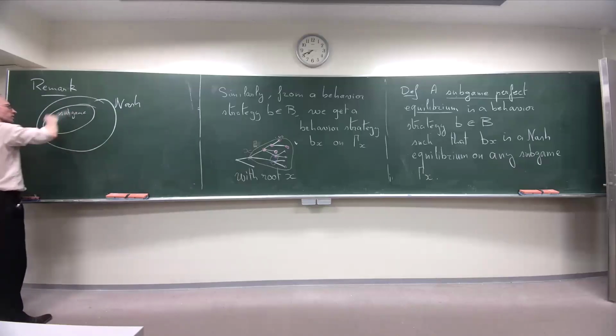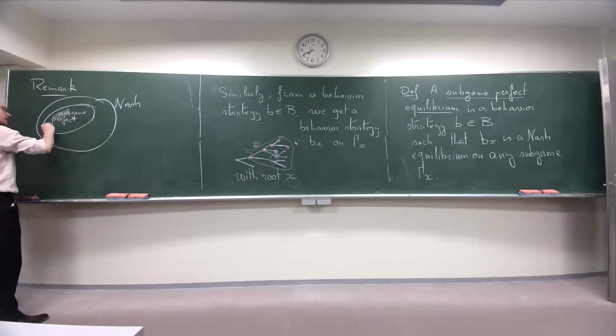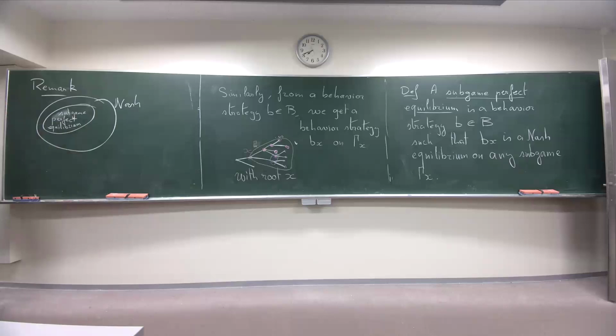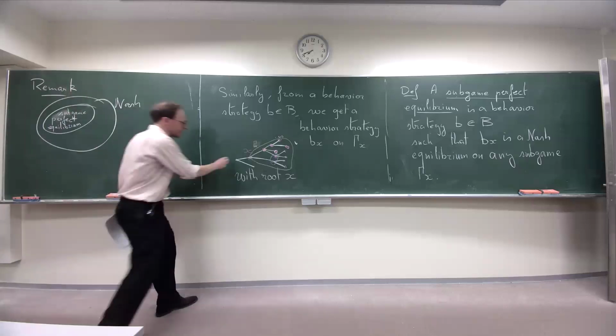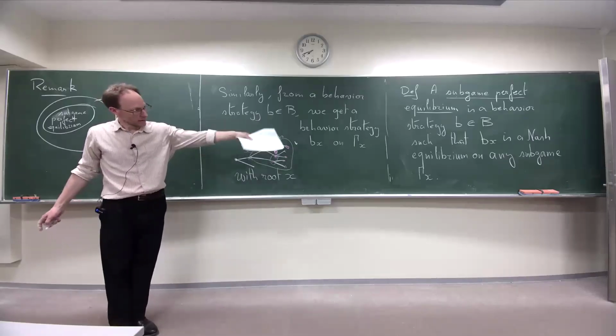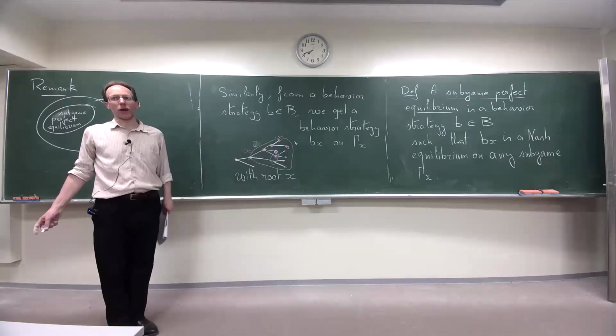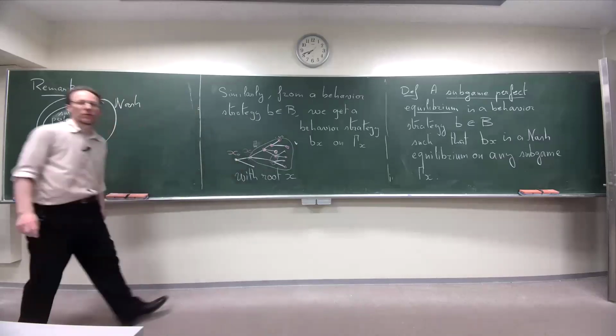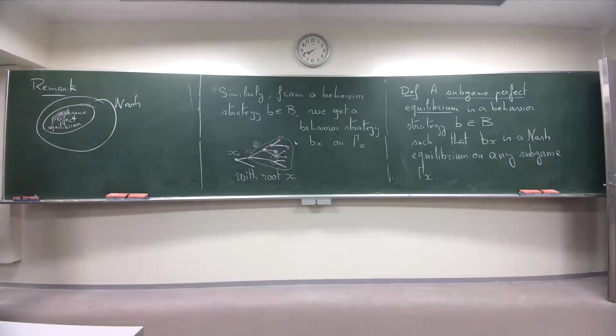Why is it a subset? Can you tell me why it's inside? Because take X, it has to satisfy this for all X where it can be decomposed. So in particular, if you choose the root, it has to be a Nash equilibrium at the root. So that's why it's inside.